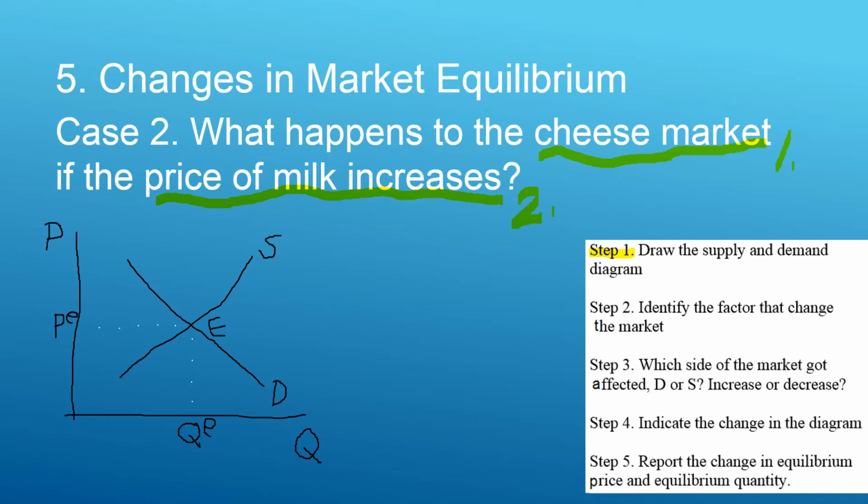Okay, now move to step 2. Step 2, identify the factor that changed the market. We have done that in here, keyword number 2. So price of milk increase, that is step number 2. All right, step number 3, which side of the market got affected, demand or supply?